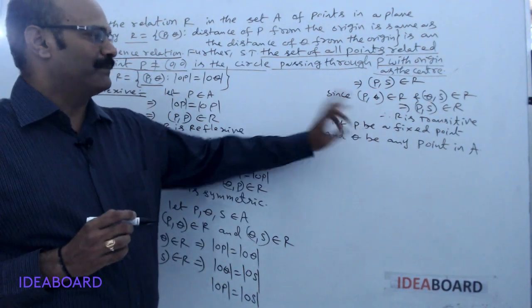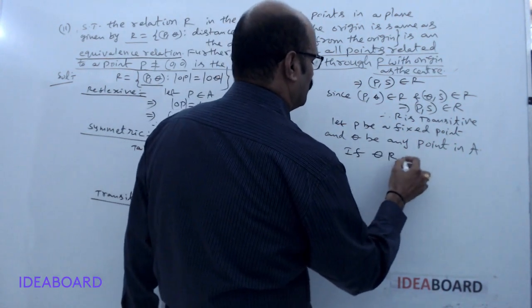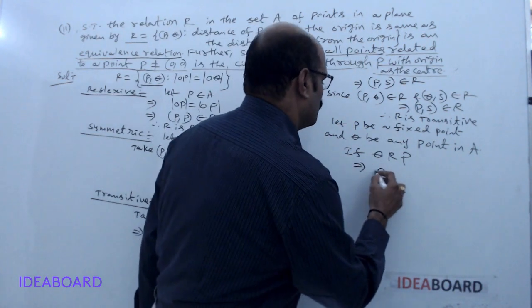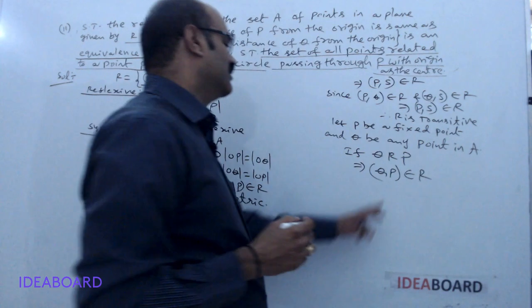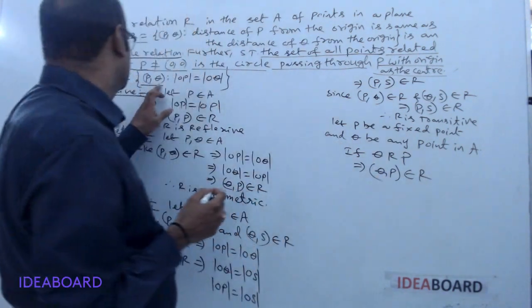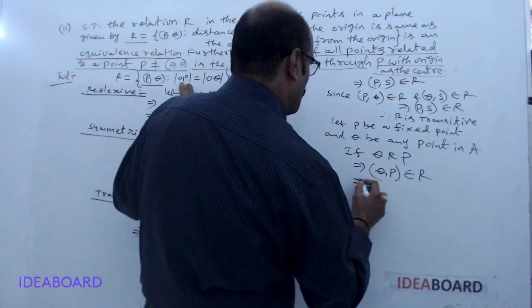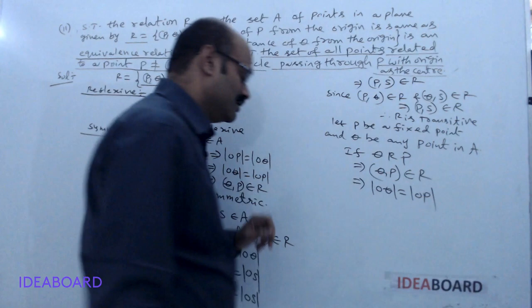If Q is related to P, it implies that (Q, P) belongs to R. Whenever (Q, P) belongs to R, we have the condition modulus of OQ equal to modulus of OP.